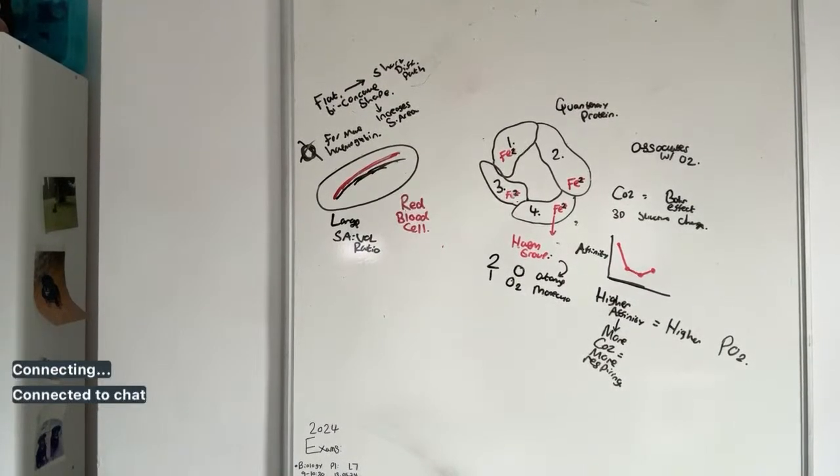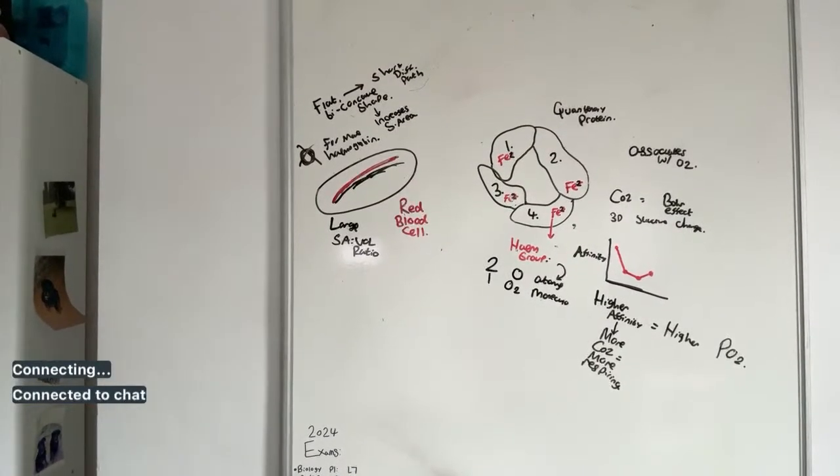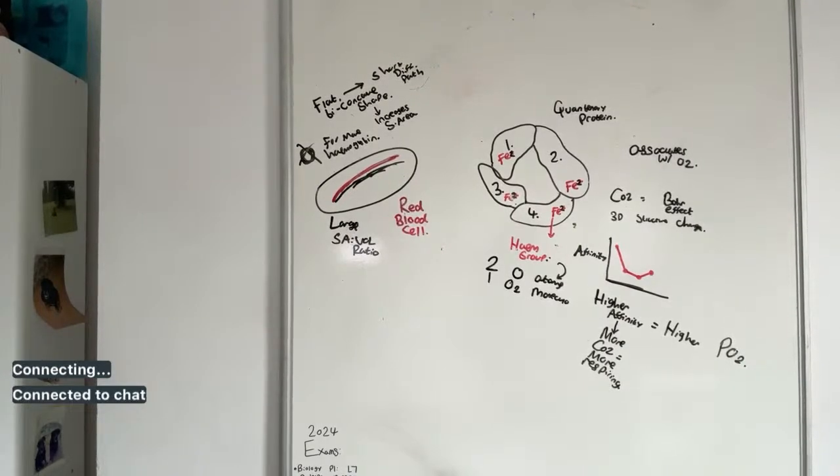So... it disassociates to release oxygen. A high oxygen saturation means binding sites are occupied in full. The higher partial pressure, the greater affinity.